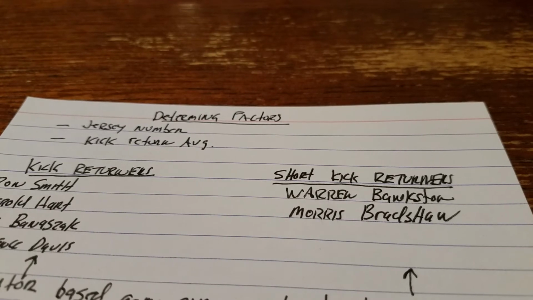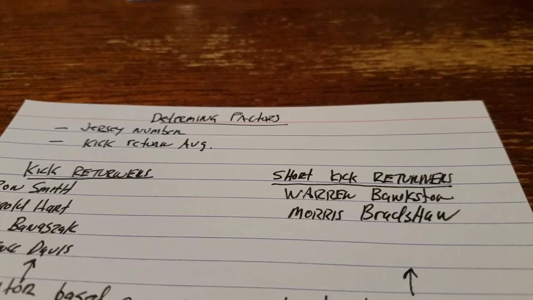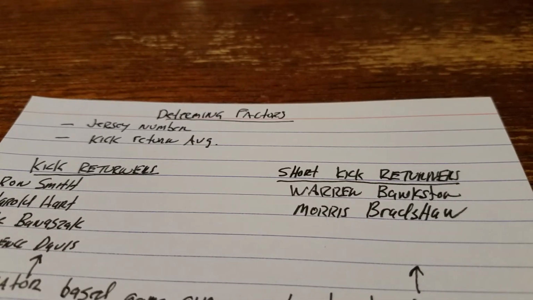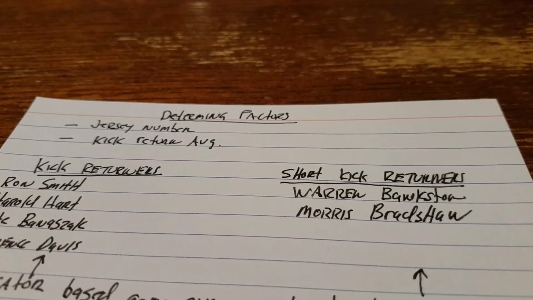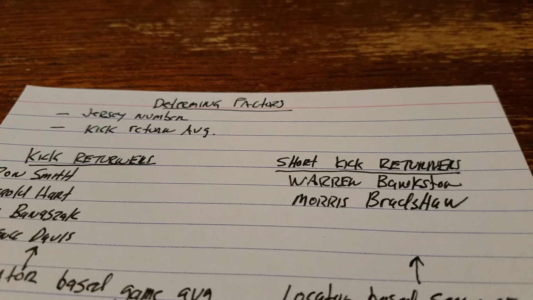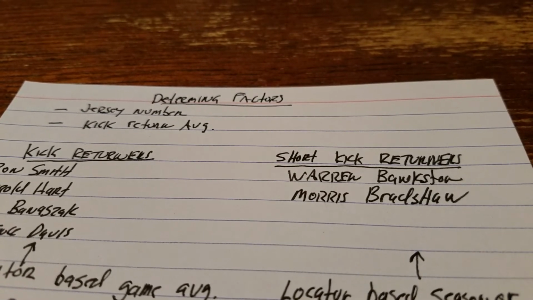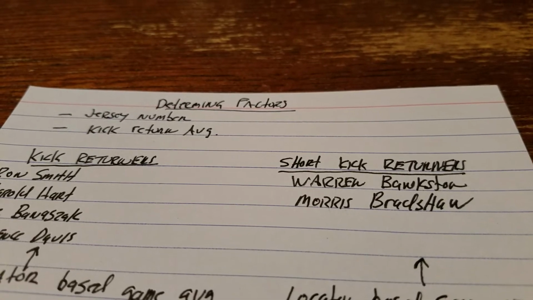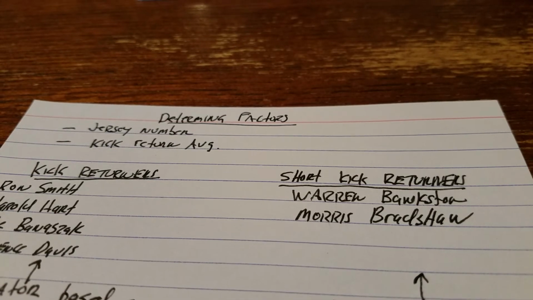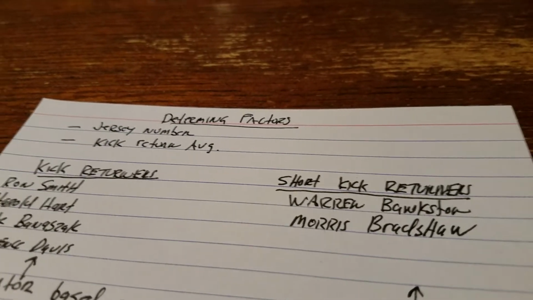If I'm looking at Pro Football Reference and I see a 50s, 60s, or 70s jersey, that indicates a linebacker or an offensive or defensive lineman, so I automatically classify that player as a short kick returner. Then the next thing I do is look at kick return averages, and anyone that has less than 15 yards per kick return, I designate as a short kick returner.